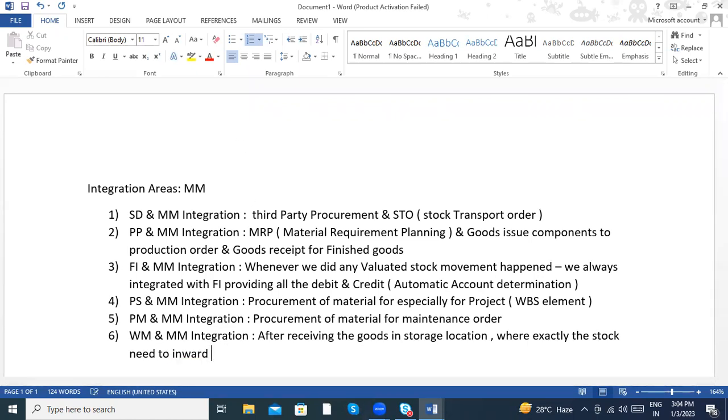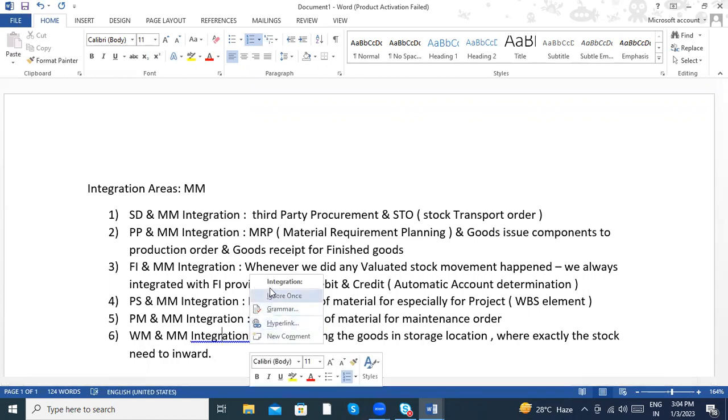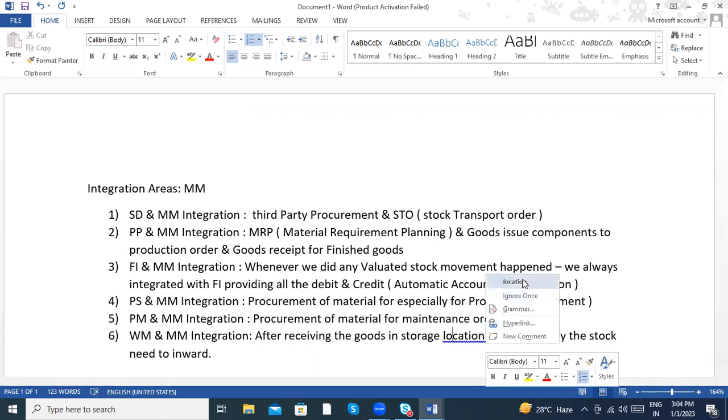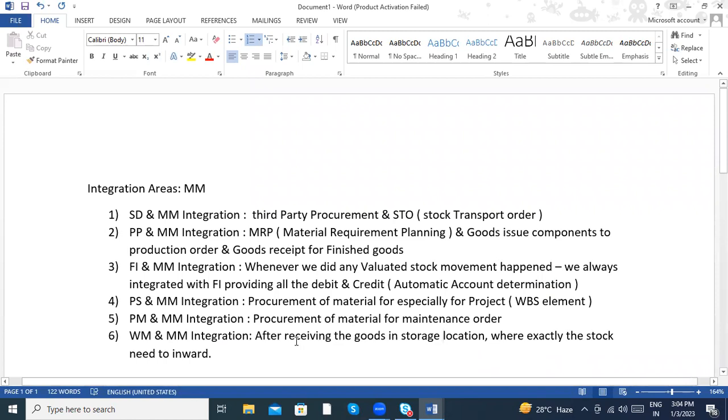What do you mean by this? It is the stock which is received at the store location. After that the WM team integrates with the GR document number, and they check how much stock has been received. Based on that, they move the stock inside the warehouse. So it's basically put away and removal strategies. Put away strategies: where exactly the stock is located.